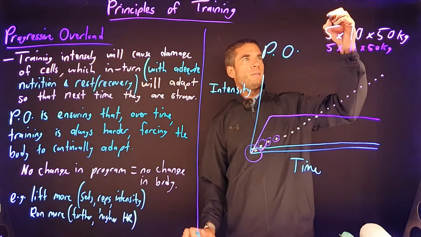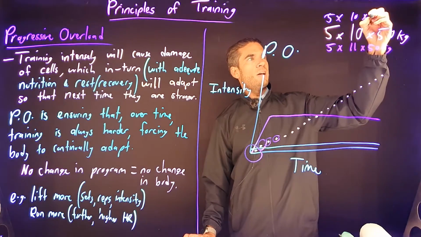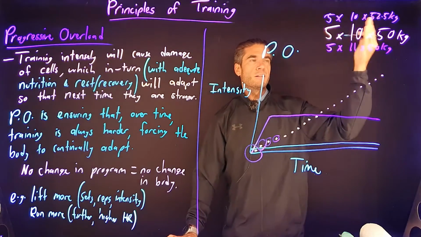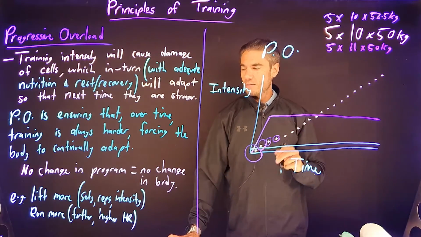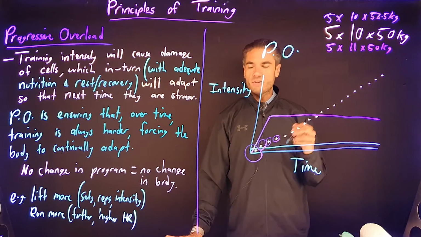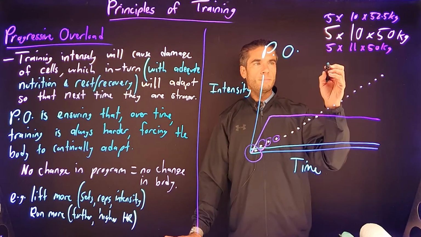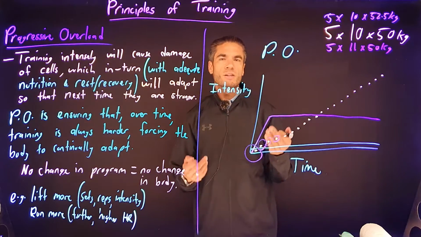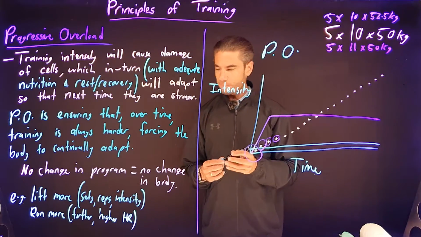So you could go 5 sets, 10 reps at 52.5 kilos. That's also progressive overloading, and then keep bumping the weight up while keeping the other things the same. Or you could change your sets, but that's a little bit more complicated and I don't really need to go into it for the purpose of this video, but you just need to know that you could change your sets.